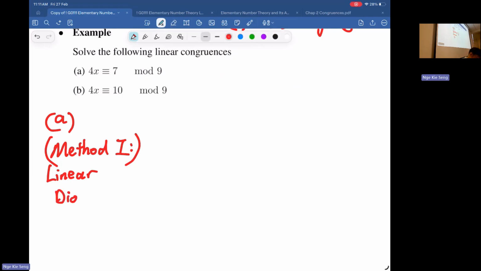Linear Diophantine equation. Let's solve it using the method from yesterday.